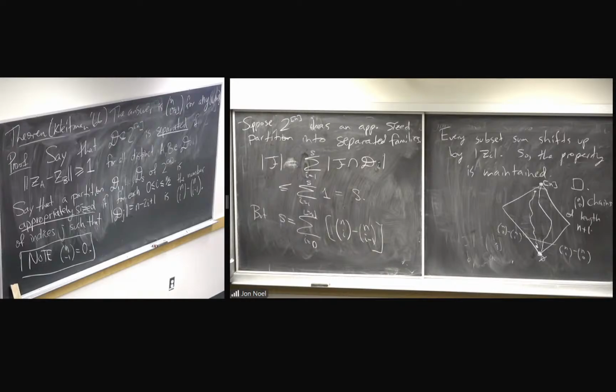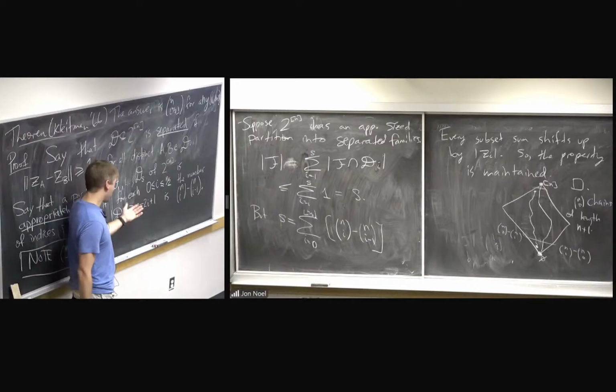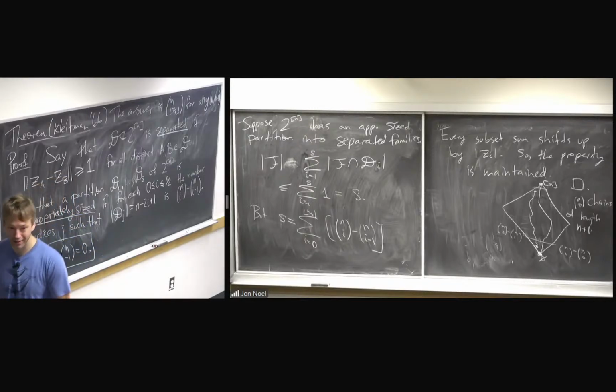I'm just going over all the possible sizes. Maybe this definition should have included that all the families have one of these sizes, and the number of a given size is n choose i minus n choose i minus 1.